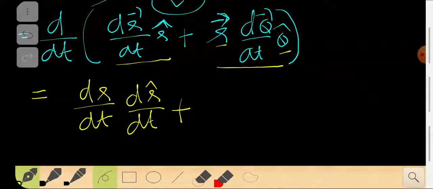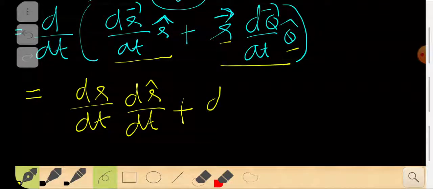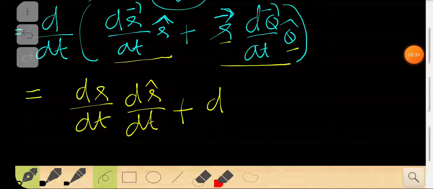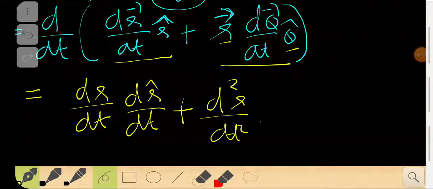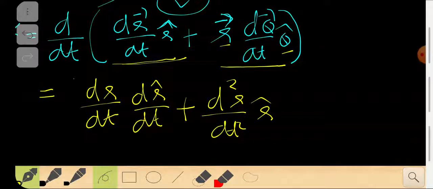Plus the second, again product rule: d square r by dt square times r cap. So that's the first part completed.